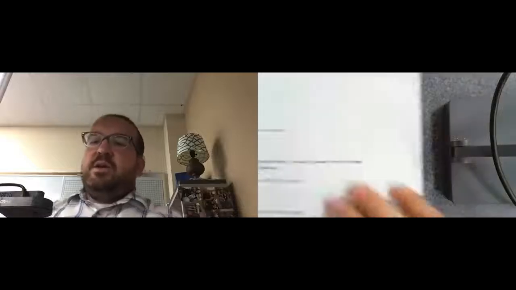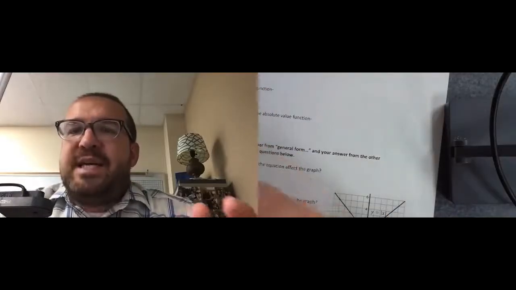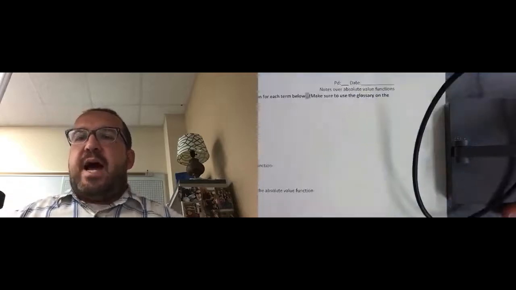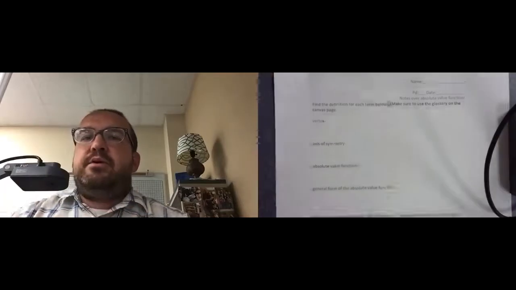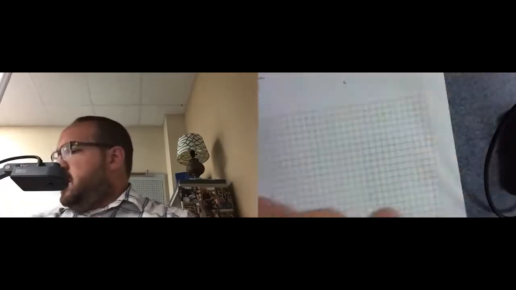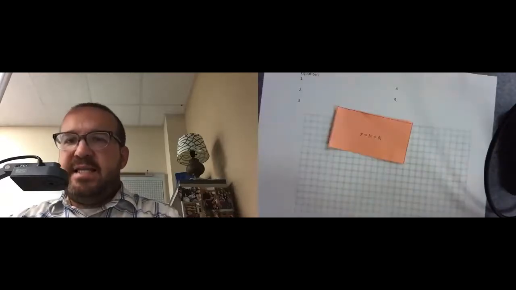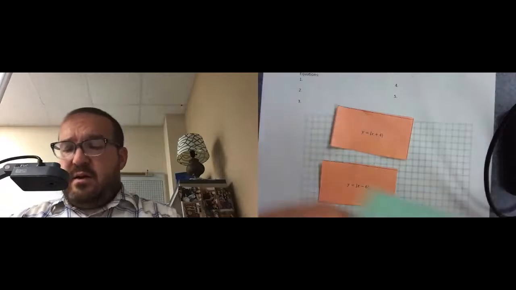All right, guys, I wanted to talk with you a little bit about the activity that we did in the last class period. Last class period, I asked you to graph a whole bunch of functions. We started out with ones that had numbers on the inside of the parentheses, whether they were positive or negative. We then went through numbers on the outside, right?